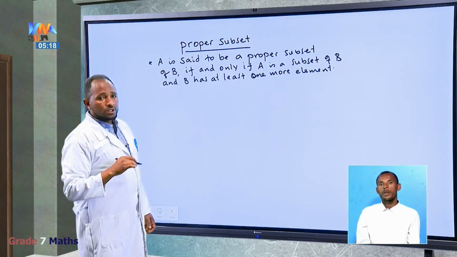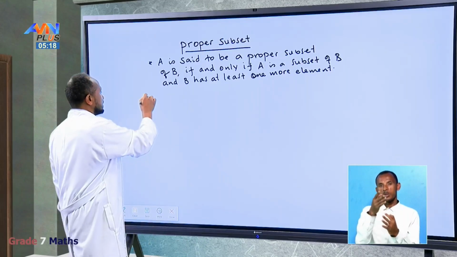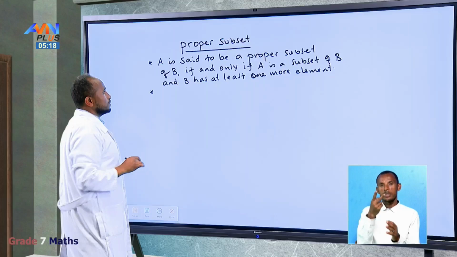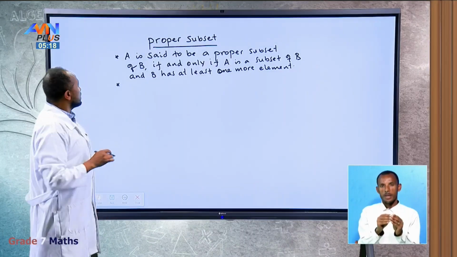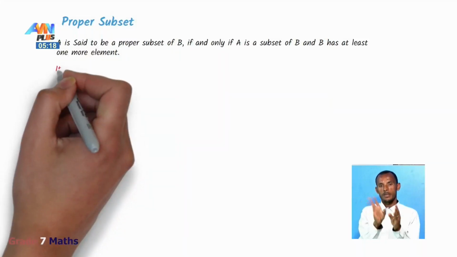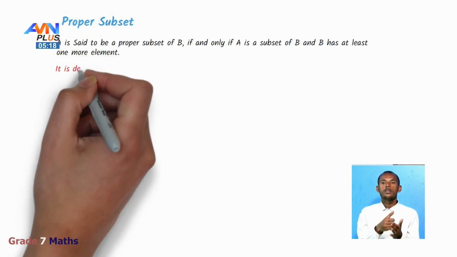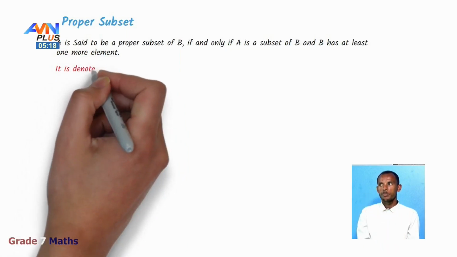I'll explain these definitions through examples. First, let's see the symbolic notation of A proper subset of B. It is denoted by this symbol.